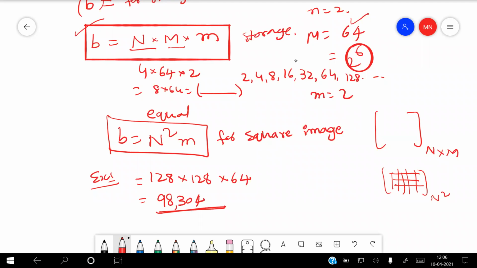These many bits are there within 128 into 128 with 64 gray levels. This many number of bits for storage. So 98,304 bits are there to store in an image.